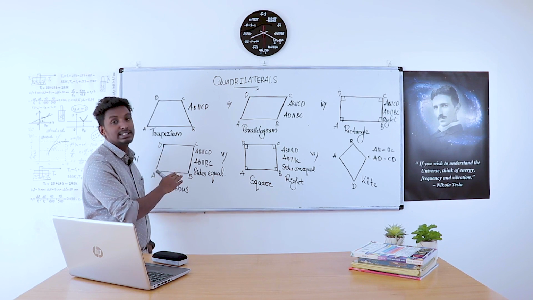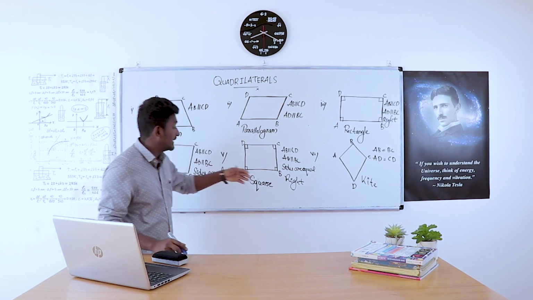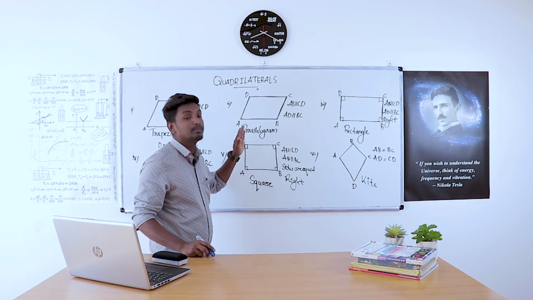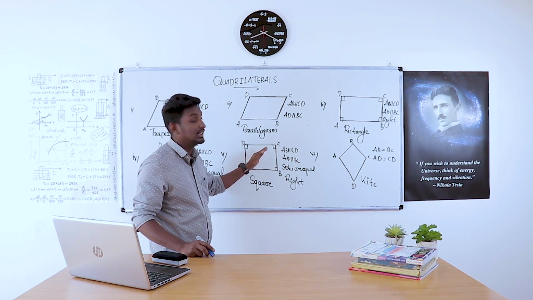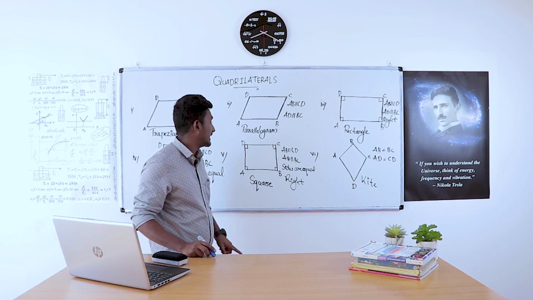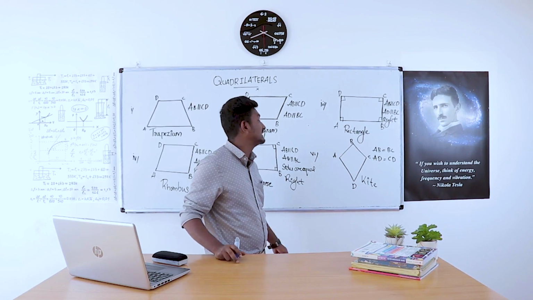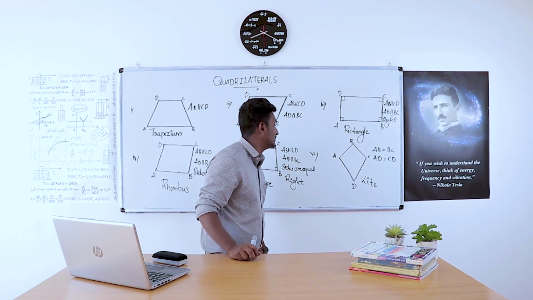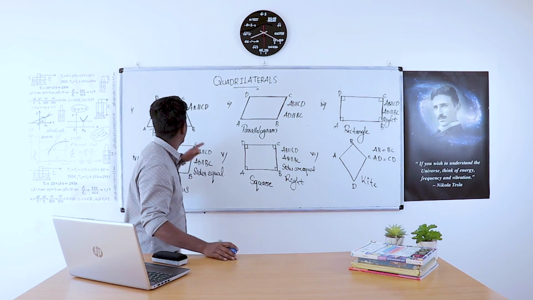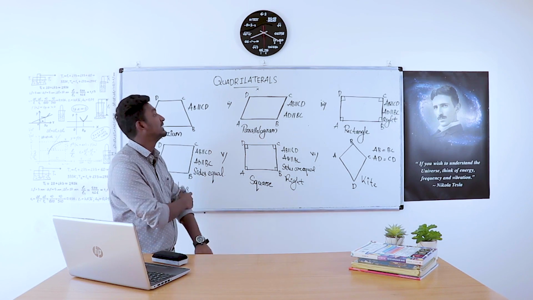Next, for a square, opposite sides are parallel, all four sides are equal, and all angles are right angles. Then for a kite, pairs of adjacent sides are equal, that is AB equals BC and AD equals CD. So: trapezium, parallelogram, rectangle, rhombus, square, and kite.